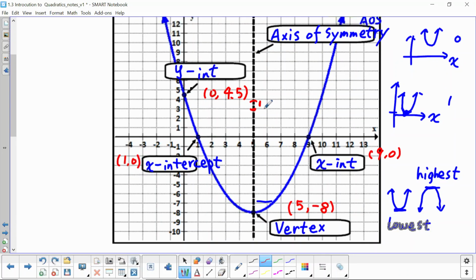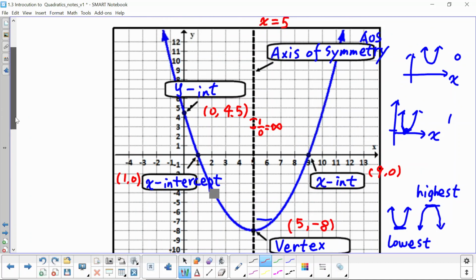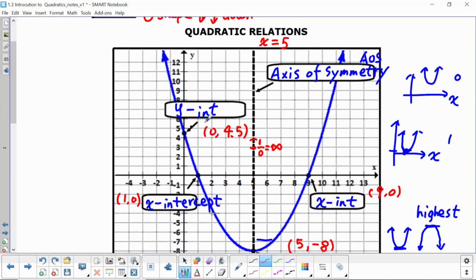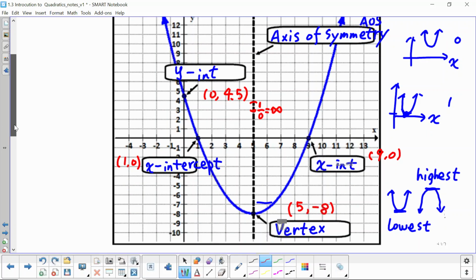Rise over run is 1 divided by 0, which gives you infinite. So for a vertical line, the slope is undefined. If it's a horizontal line, then the rise is 0, so the slope is 0.